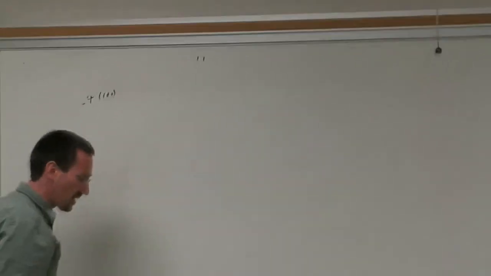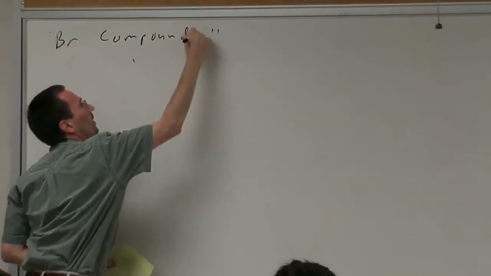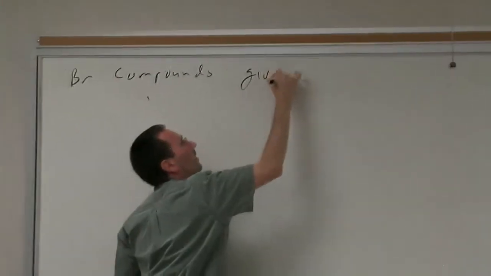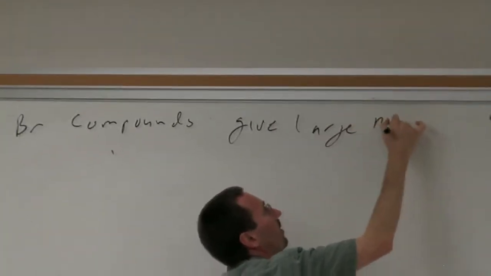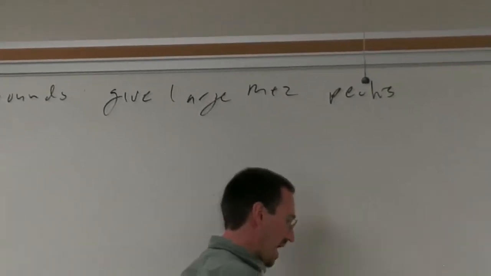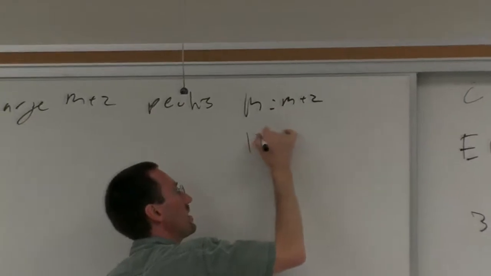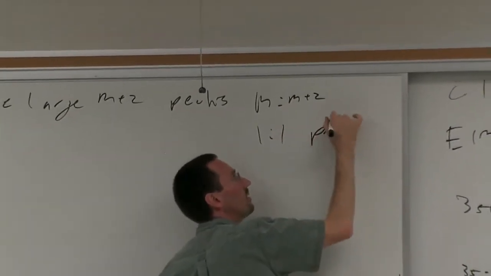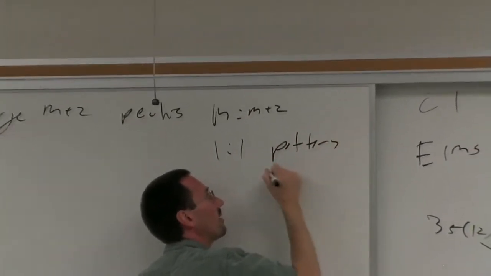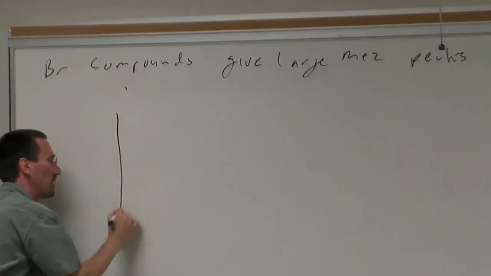So of course, bromine compounds give very large M plus 2 peaks. So the M to M plus 2 is a 1-to-1 pattern for one bromine. Let's try one more example here.